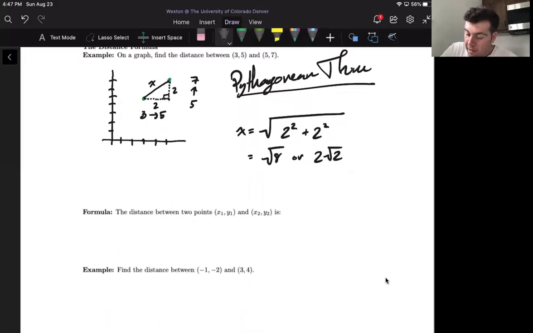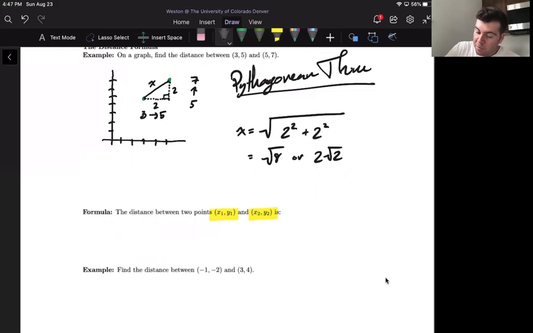And if we're looking at any 2 points, let's say we're looking at points (x1, y1) and (x2, y2), then you can draw a graph again with 2 points and dot in a triangle.